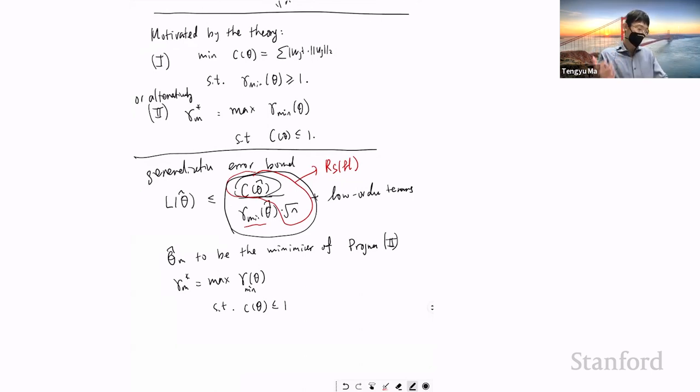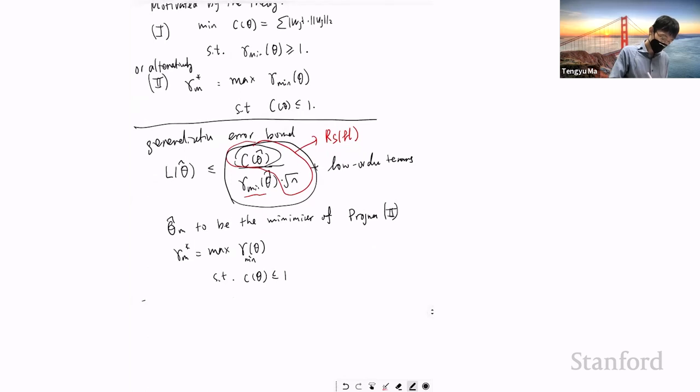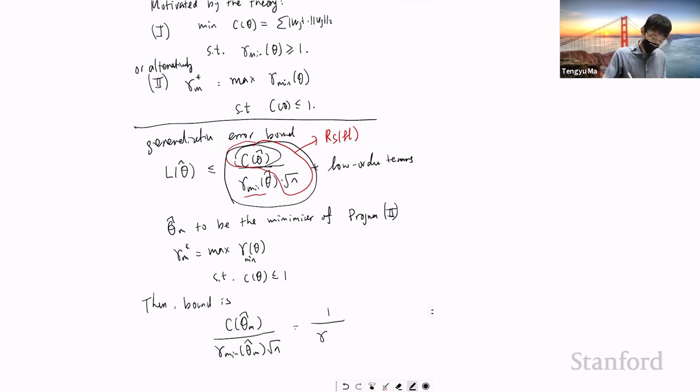Suppose you solve this program 2 and you get this max margin solution. So this means that the bound is C(θ̂_m) over γ_m times square root n, and because we normalize the complexity to be 1, this is really 1 over γ_m star times square root n.